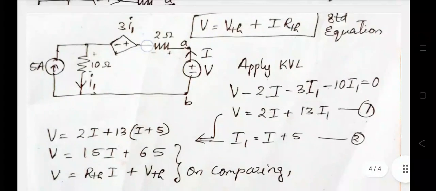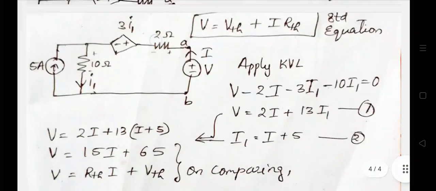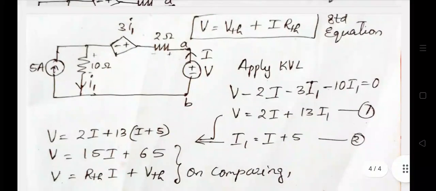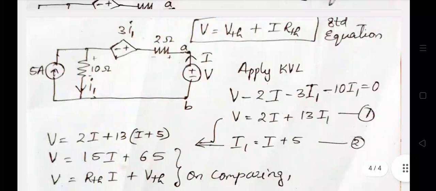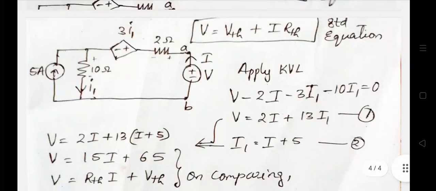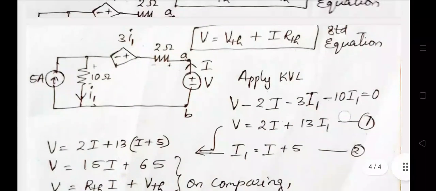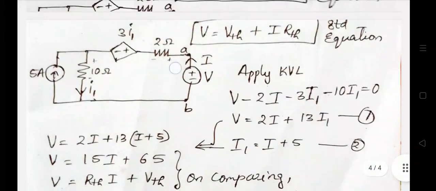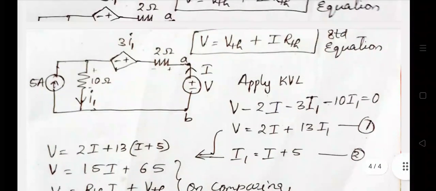This dependent source is a current dependent voltage source, and the dependent current is I1 that is flowing through this 10 ohm resistance. I1 is denoted here as capital I1 and the current that we have considered is written as capital I.